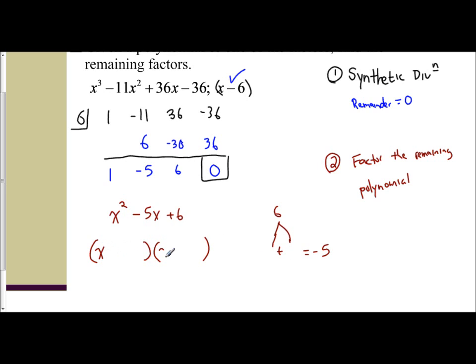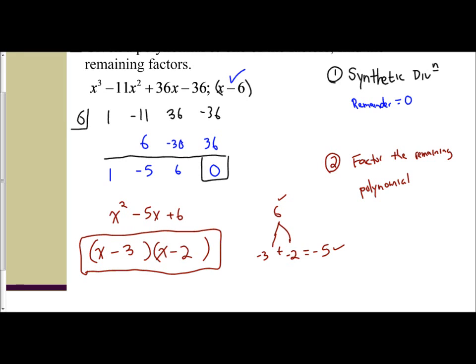We have x and x. That would be a positive product with a negative sum, so they're both negative. So I would say x minus 3 and x minus 2. Negative 3 times negative 2 is positive 6. Negative 3 plus negative 2 is negative 5. And so my remaining factors are x minus 3, x minus 2.